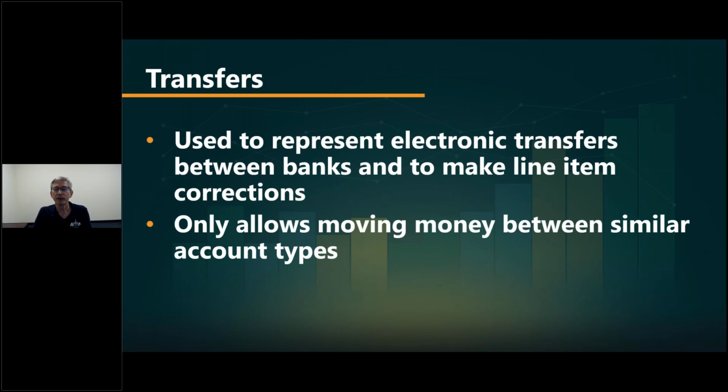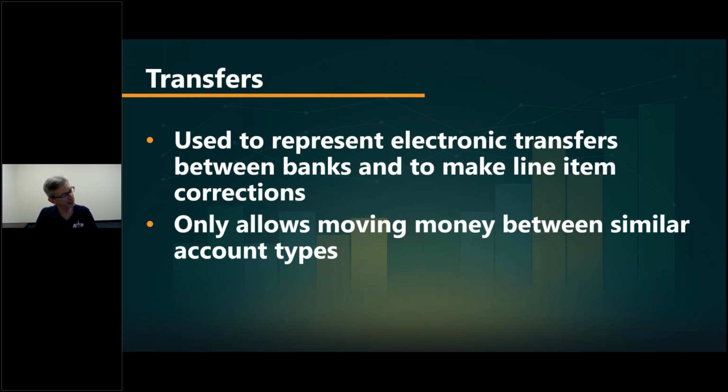It only allows moving money between similar account types. So if you're going to be transferring money out of an asset, it's got to go to an asset. If you're going to be transferring money out of an income account or expense account, then it must transfer to that like income account or that like expense account. So you will need to use the same account type when you're doing a transfer.